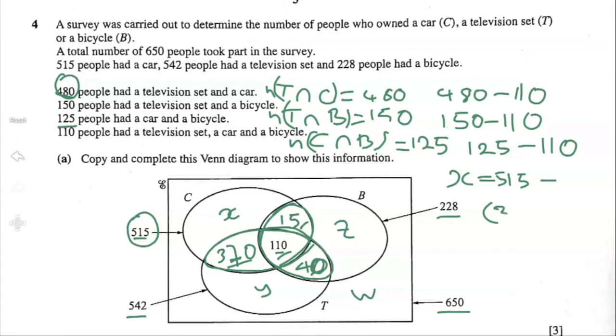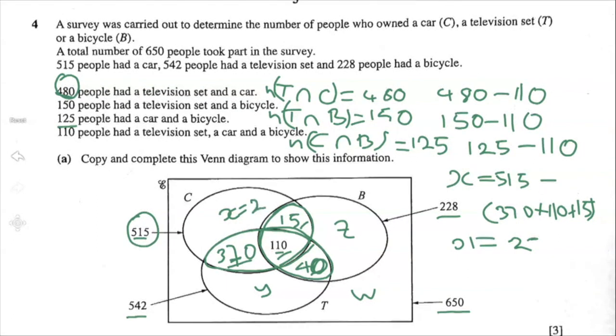That is 370 plus 110 plus 15 there. So 515 minus 370 plus 110 plus 15. You will be able to get X is equal to 20. So therefore, here you have your 20 there.